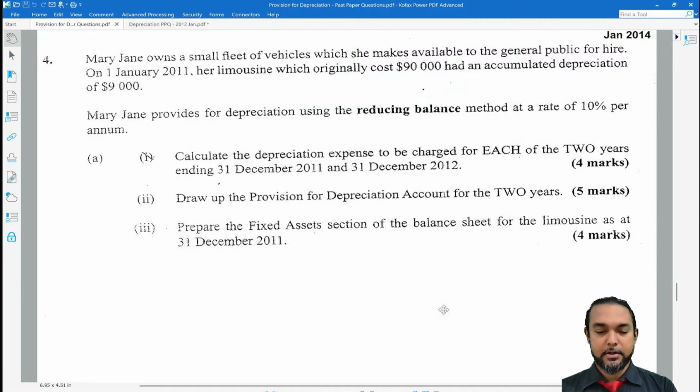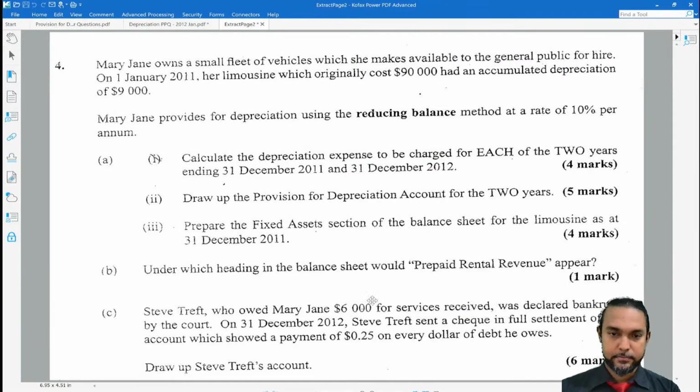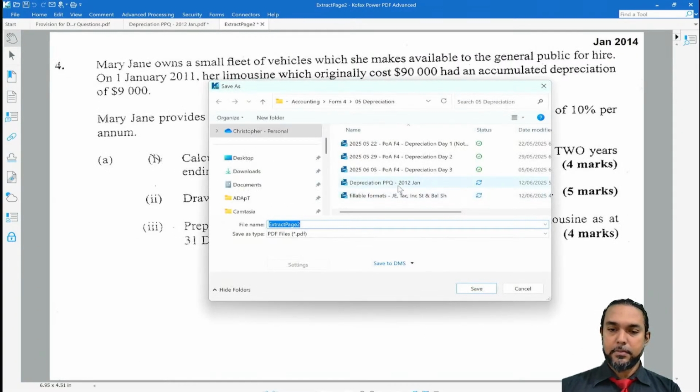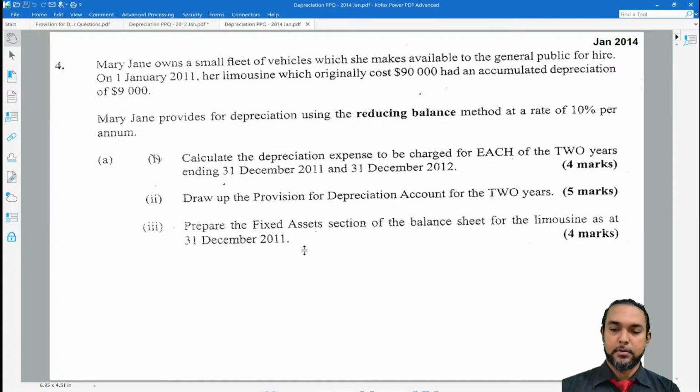Oh no, I don't want to do. Right, extract it. Right, let's print that.